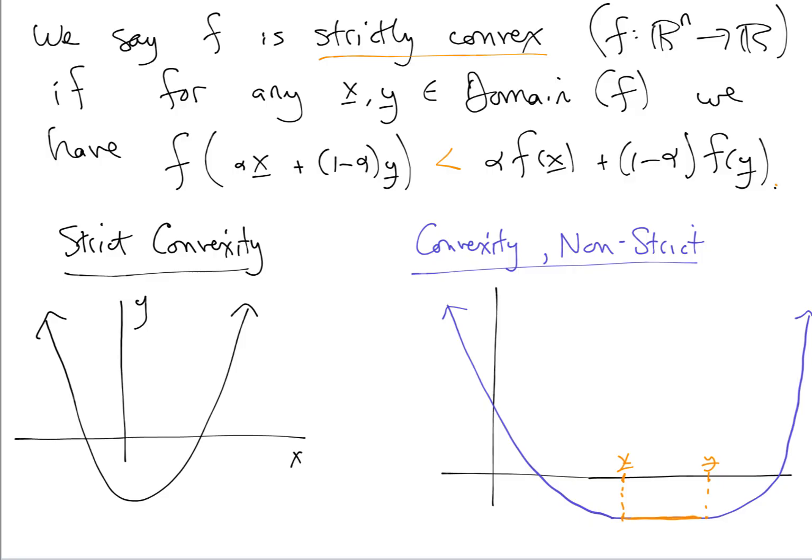And you can't have that happen with a strictly convex function. This sort of issue comes up a lot in optimization when you're minimizing functions, because here you would have a unique global minimizer, where here you would have a set of non-unique global minimizers. So this is the idea of a convex function and a strictly convex function.